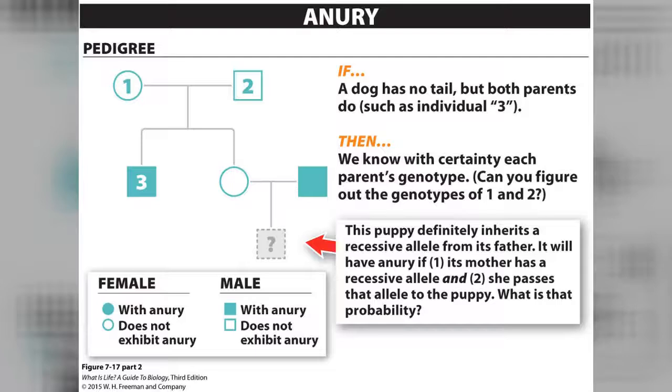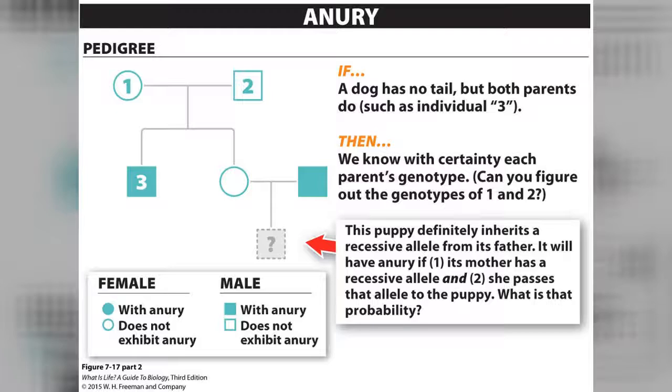In the cross producing the mystery puppy, in other words, the parents of the mystery puppy, the father has anury, and so he must be homozygous recessive. And therefore, he will definitely pass on one little a to the puppy. The mother's genotype can be either big A, little a, or little a, big A, given that both of her parents are heterozygous.